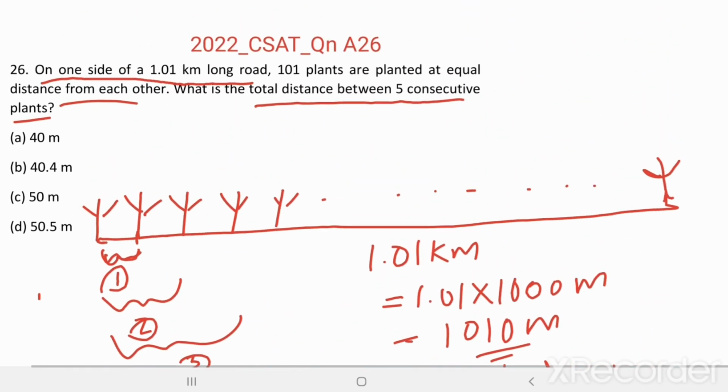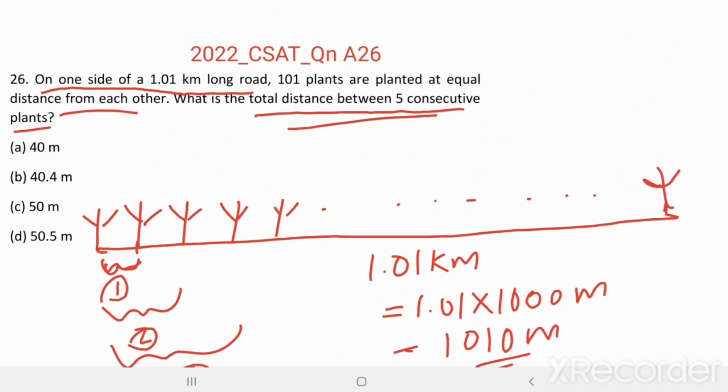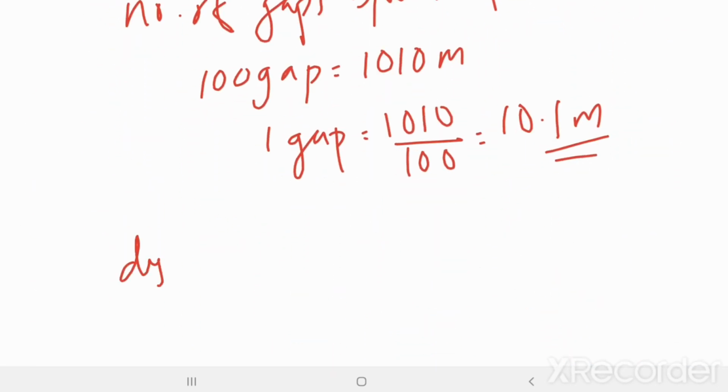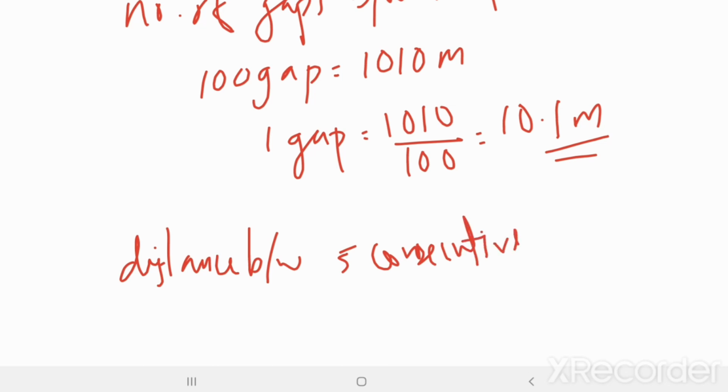Here we need to find the total distance between 5 consecutive plants. The number of gaps between 5 consecutive plants equals 5 minus 1, that is 4, and each gap equals 10.1 meter.